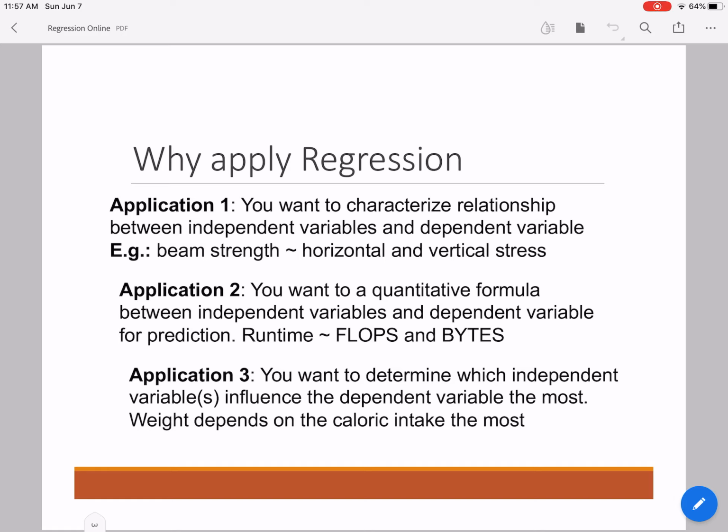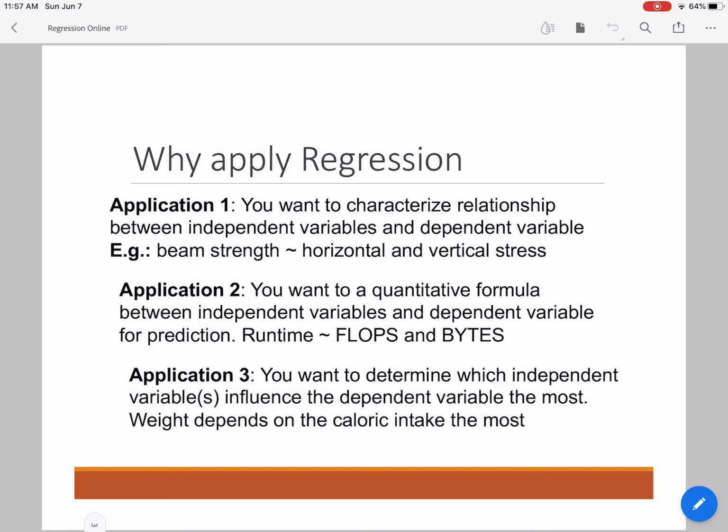Application 3 is, let's say that you want to determine which one of the independent variables influences the dependent variable the most, which of these independent variables is going to change the values of the dependent variable in a very drastic manner. For example, let's say that I'm interested in studying the weights of several individuals, and there can be several independent variables that affect the weight of an individual.